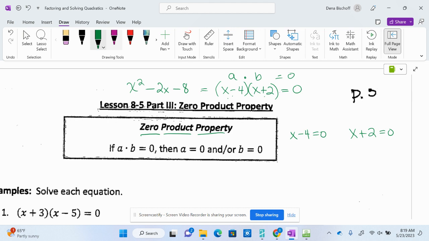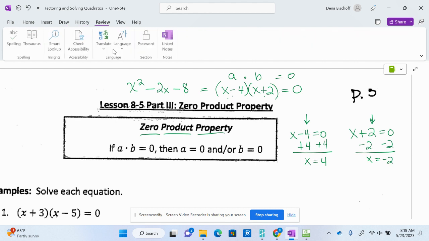And then we solved for x. So how am I going to get x all by itself here? I'm going to add 4 to both sides. And we find out that x equals 4. And on the next one, I subtract 2. And we find out that x equals negative 2.